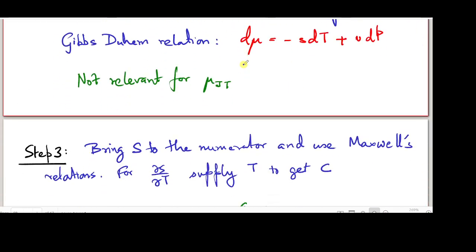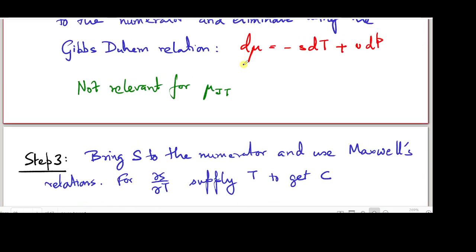Now step 3. This is of course very important. We will bring S, entropy, now to the numerator if it's not already in the numerator, and then use Maxwell's relations to reduce them.